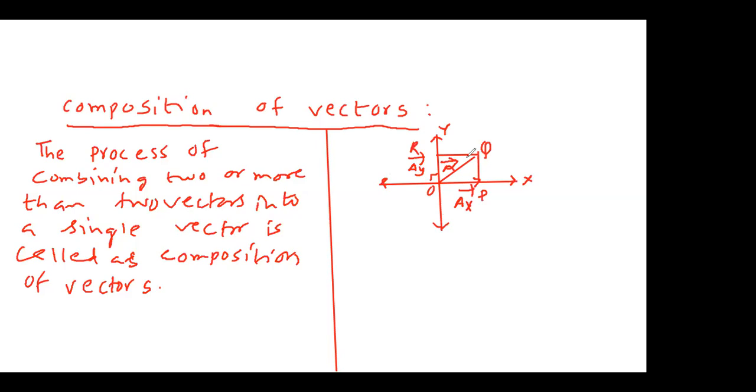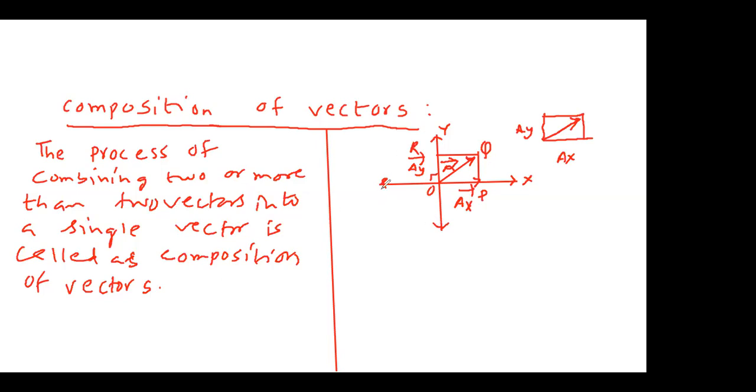Now you have studied in the parallelogram law, when two vectors are represented by adjacent sides of a parallelogram, then the diagonal from the same starting point is called the resultant. So can you tell me, of ax, ay, who is the resultant? A bar. Very good, superb. The process of combining two or more than two vectors into a single vector is called composition of vectors.